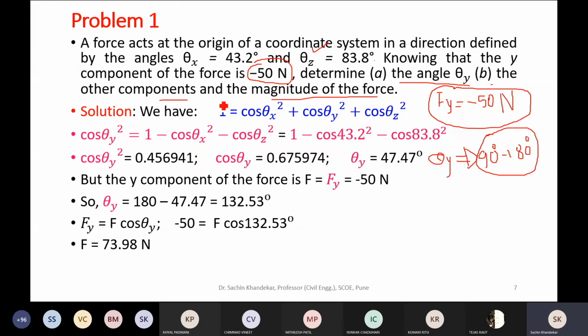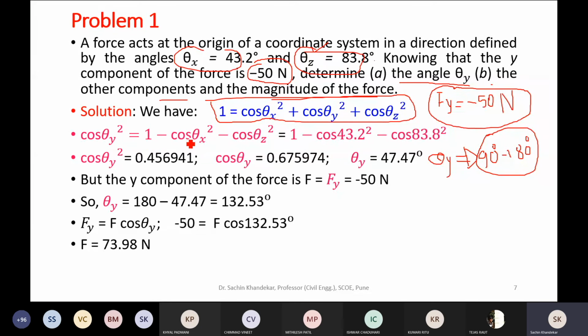We know this is a very important identity, which we derived on the previous slide: 1 equals cos square theta x plus cos square theta y plus cos square theta z. Rearranging, because theta x and theta z have been given, cos square theta y equals 1 minus cos square theta x minus cos square theta z.